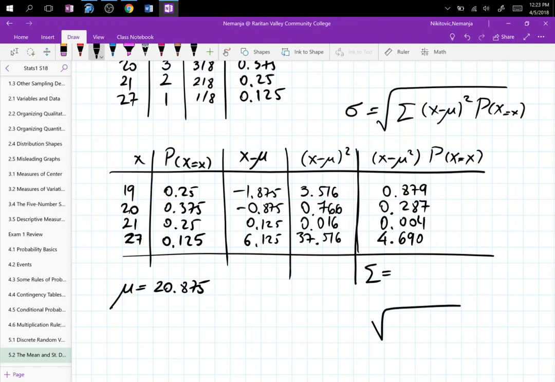So now we're going to add this column, right? Because the next thing is to do the sum.